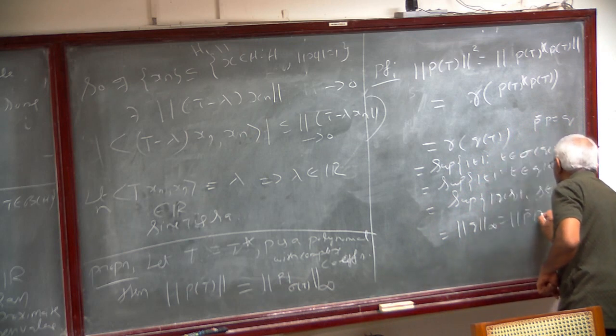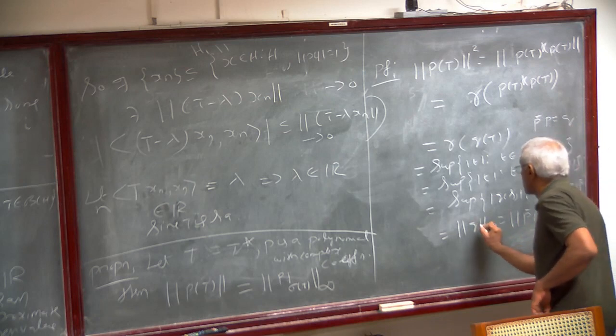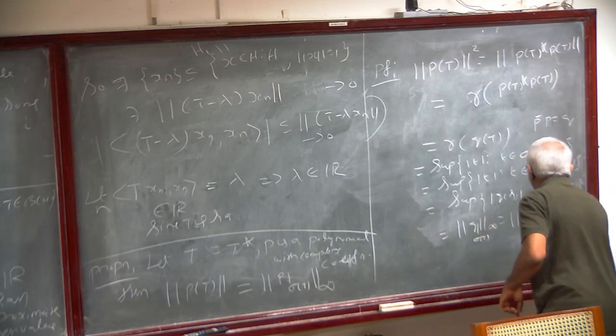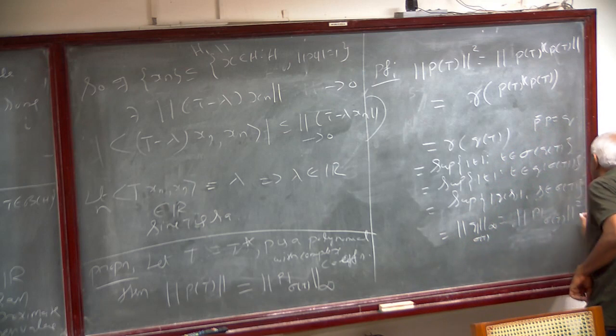It is just P bar P, which is equal to the norm of Q infinity, Q restricted to sigma T, which is the same as P restricted to sigma T, squared, infinity norm.